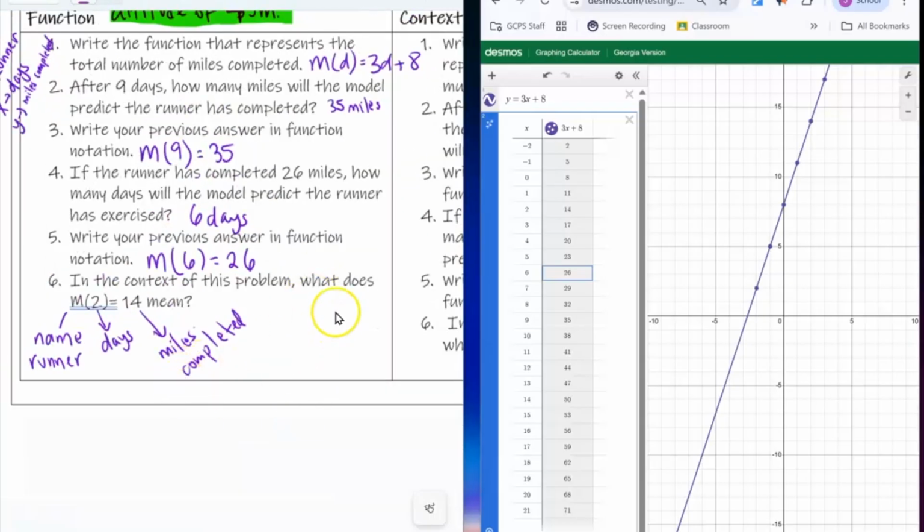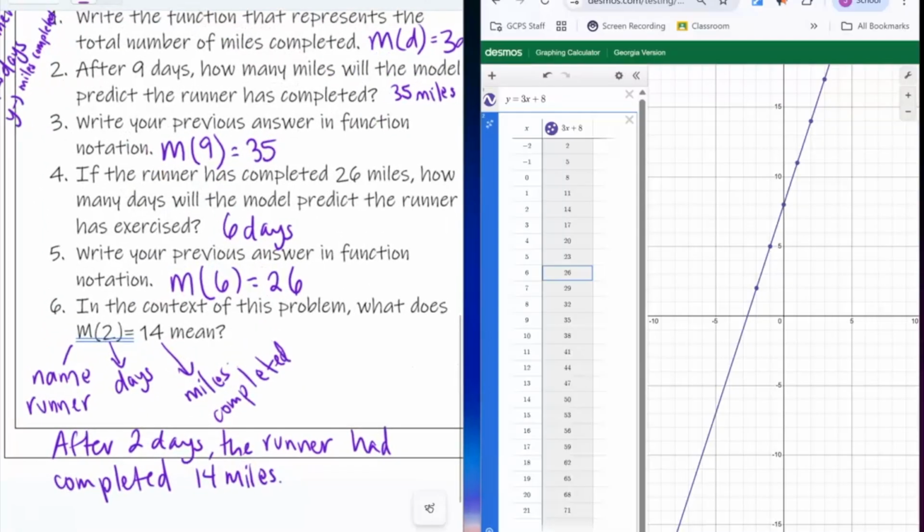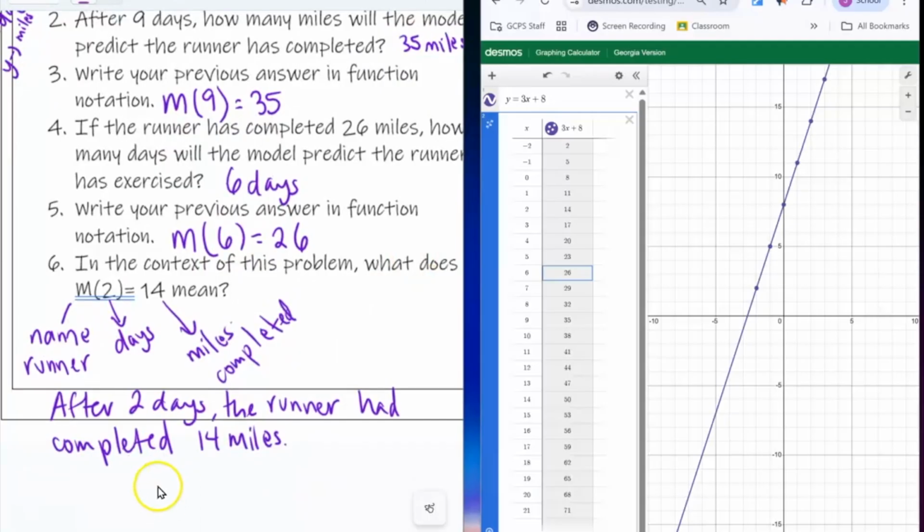I'm going to just say: after 2 days, the runner had completed 14 miles. And again, before I say that I'm submitting this, I check that I've done all three things.